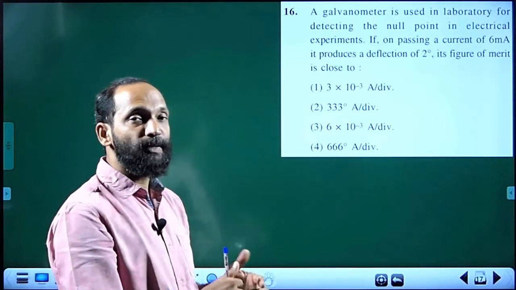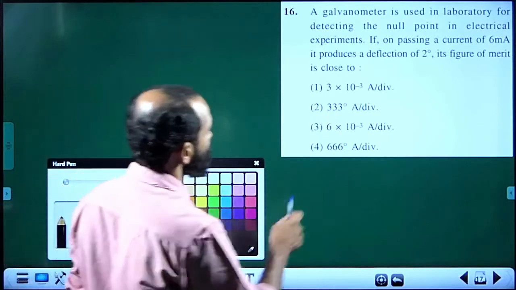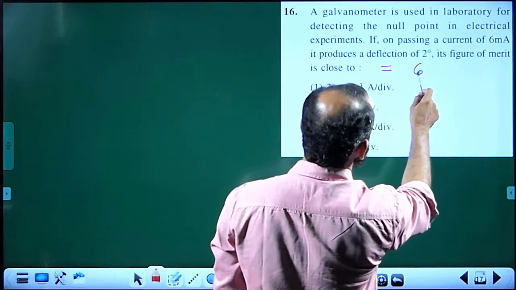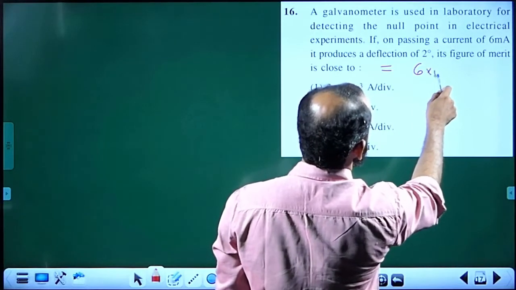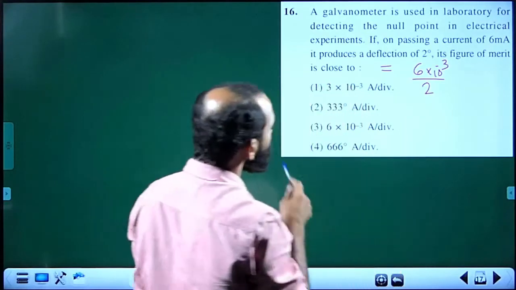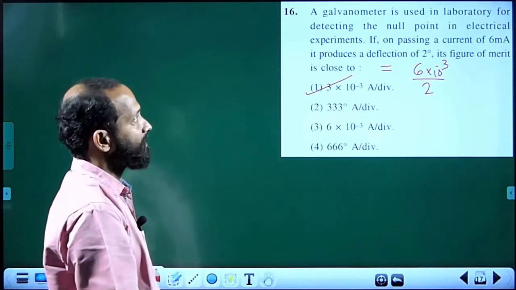So, figure of merit means current per unit deflection. So, let us find the ratio, current per unit deflection. Current is 6 milliampere, 6 into 10 raised to minus 3 divided by 2, that is 3 into 10 raised to minus 3 ampere per division. So, the first option is the correct answer.